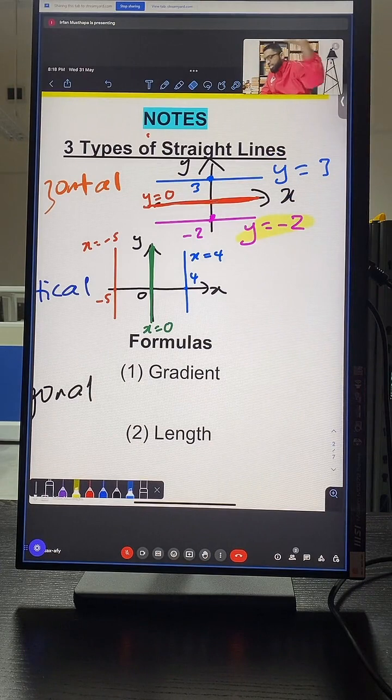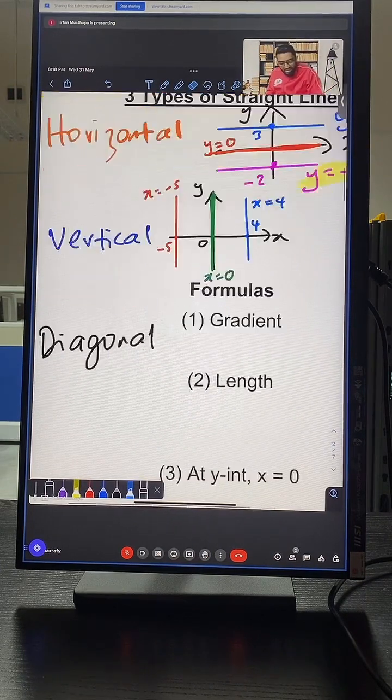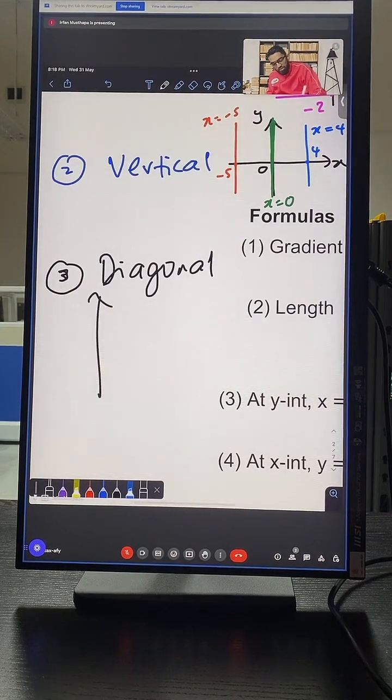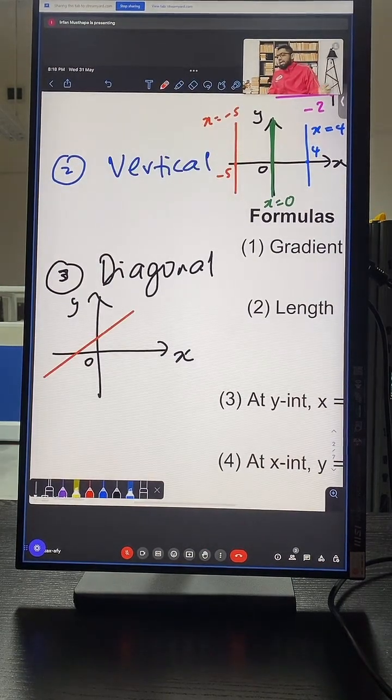That is the equation. Now, if you have a diagonal line, for example, a line like this, with x and y axes and the 0 there, and a line going upwards, a slanted line. And this is another one you can have.